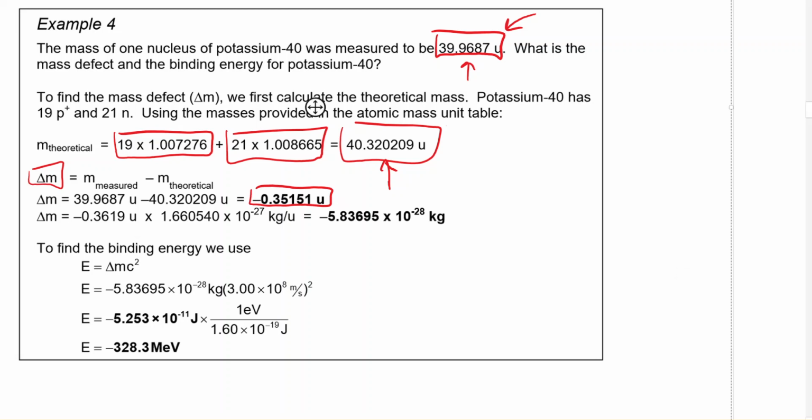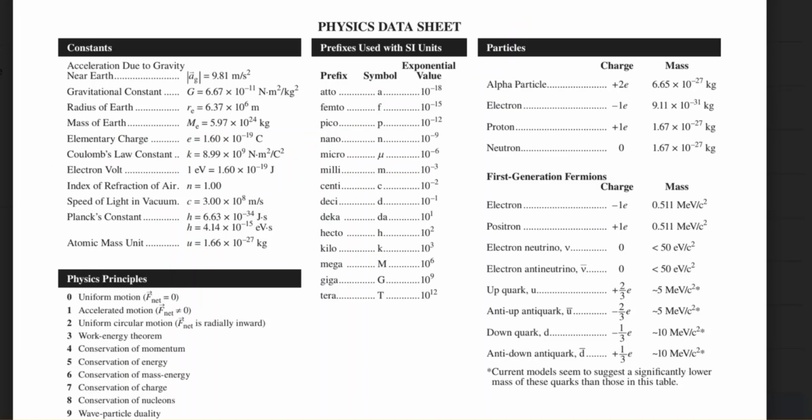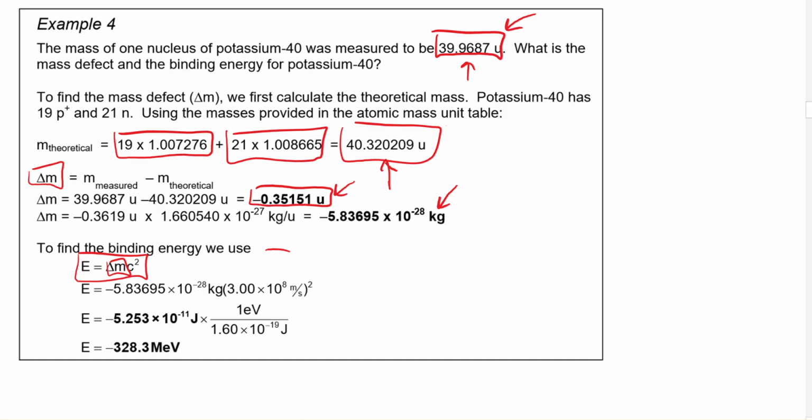Then when we convert this into energy, this formula, E equals mc squared, only works with a mass in kilograms. We have to change it from atomic mass units back into kilograms. On your formula sheet you can see this right here: one atomic mass unit is equal to 1.66 times 10 to the negative 27. This one has more digits.